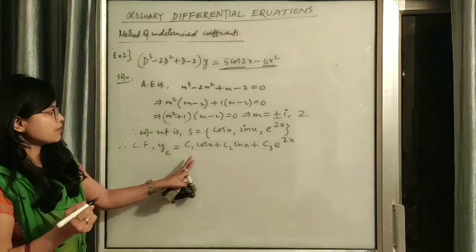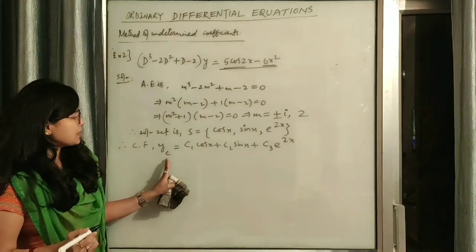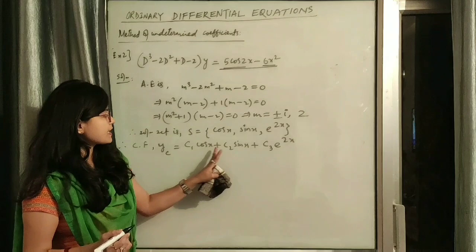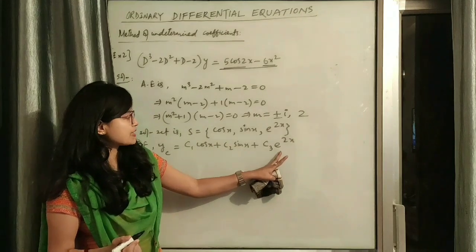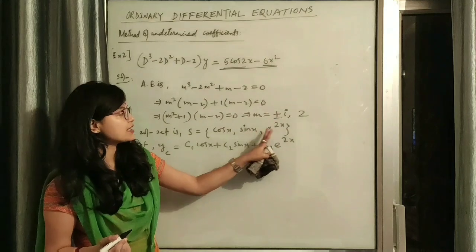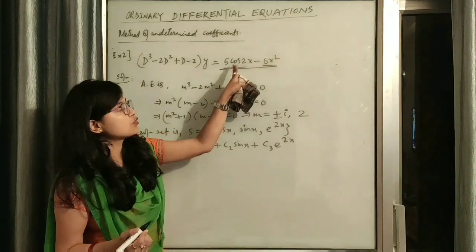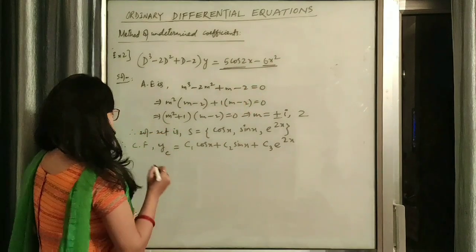So here we can see in our complementary function C1 cos x, C2 sin x, C3 e^(2x), or you can see the solution set involves cos x, sin x, e^(2x). And in the right hand side function, there are no such terms. So on that basis we can select our yp.